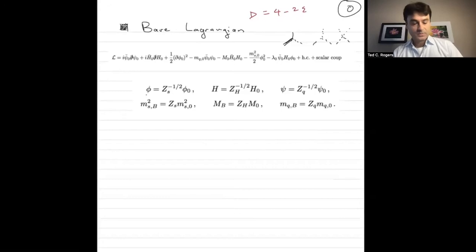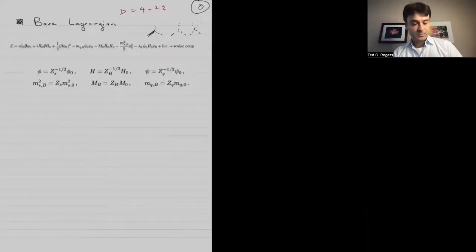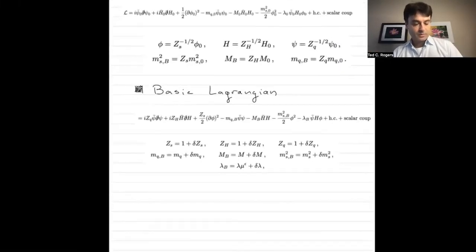If we do that substitution, then the mass terms get these overall factors of z_s, z_h, and z_q. So keeping with the notation that we used in class, we just call that collection of factors here m sub s with a capital B squared, similarly for the fermion fields. The capital B here stands for basic. So if we do those substitutions, we end up with what I call the basic Lagrangian.